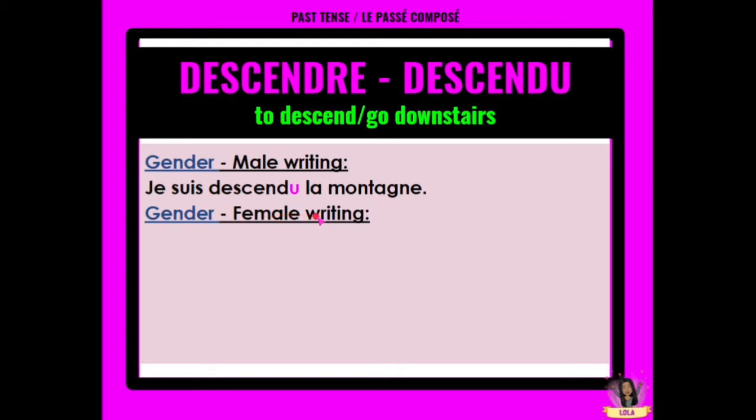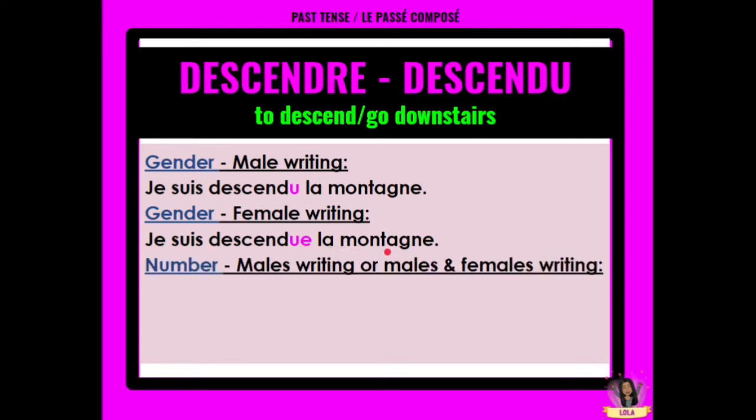If it is a female that is writing this exact same sentence, it's going to look a little different. Je suis descendue, and we're going to add the extra E there because it's a female writing this. La montagne. And number, of course, matters as well.